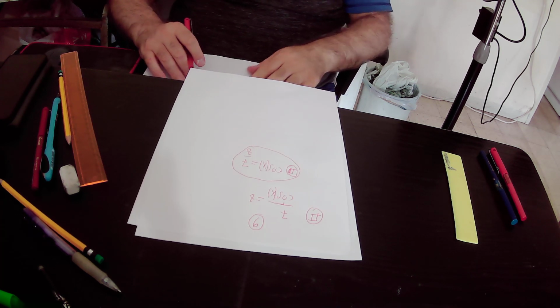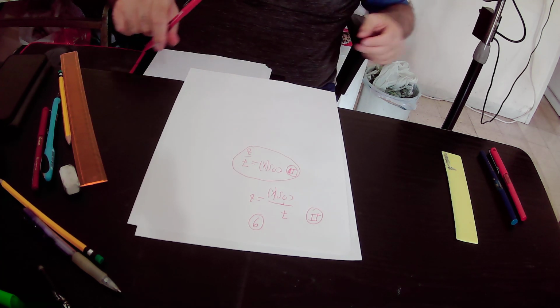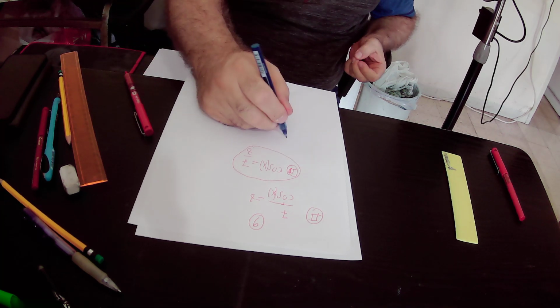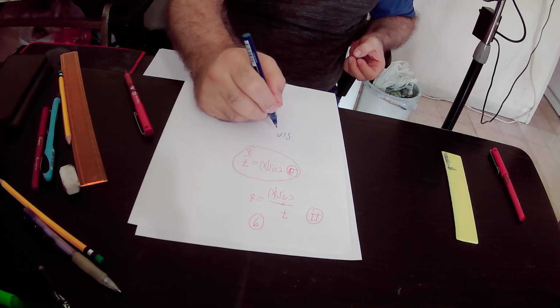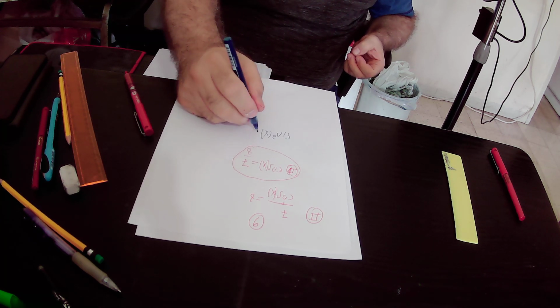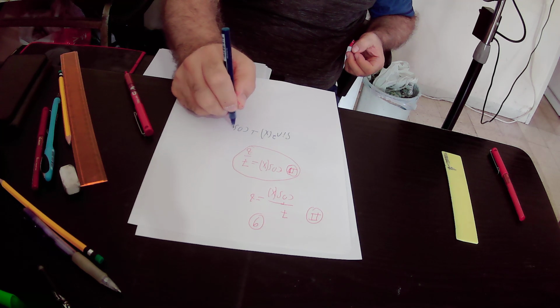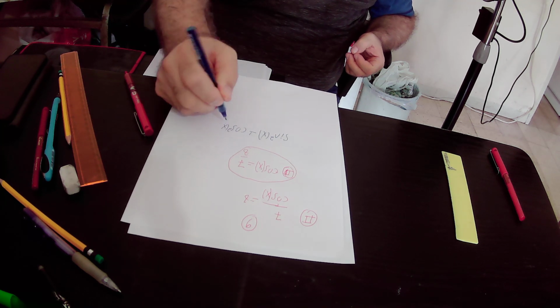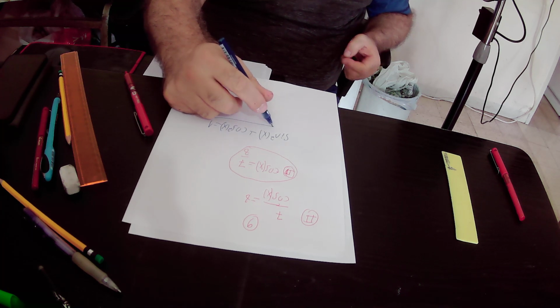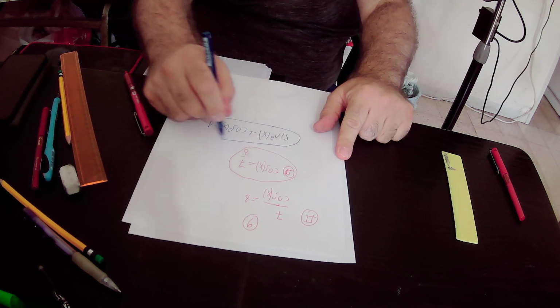We have the following trigonometric identity that states that sine square x plus cosine square x equals 1.